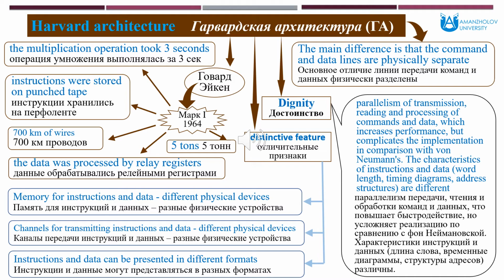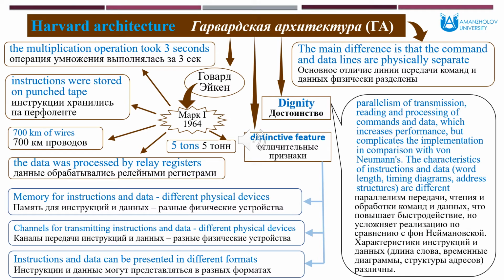Advantage: parallelism of transmission, reading and processing of commands and data, which increases performance, but complicates the implementation in comparison with von Neumann's. The characteristics of instructions and data, word length, timing diagrams, address structures are different.